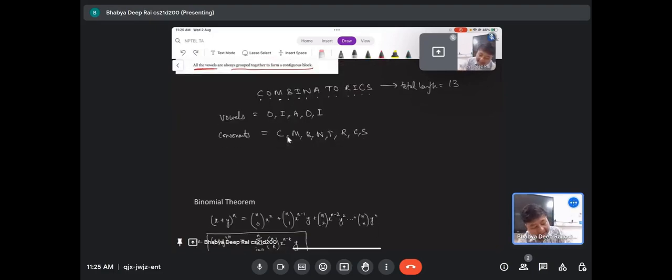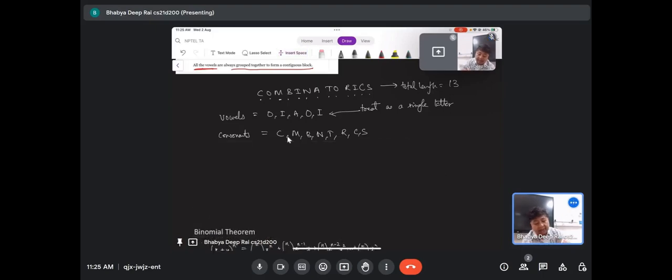I treat this as a single letter or a single symbol. So, for example, I write OI as a single letter, and the remaining parts 3, 4, 5, 6, 7, 8.